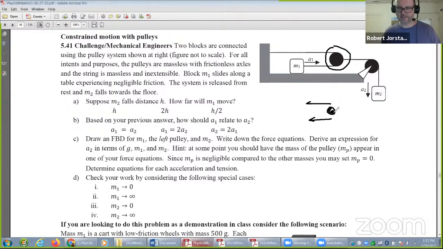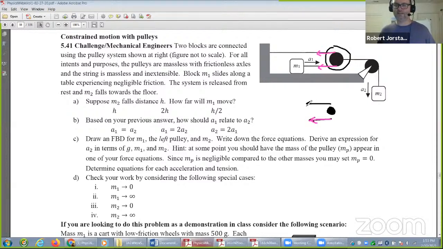Now, obviously, it's the same string, but it's pulling on it twice, right? That is from this lower half of the string. If the string pulls M1 to the right, M1's pulling to the left on the string. And likewise, the pulley's pulling to the right on the string, and the string pulls to the left on the pulley, right?